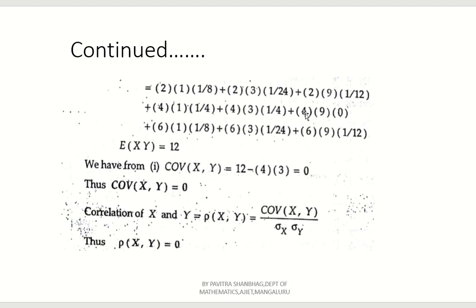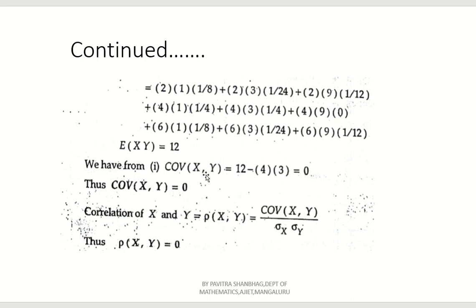So what you will get? 4 into 9 into 0. Next, plus x3 y1 into J31. So 6 into 1 into 1 by 8 plus x3 y2 into J32, that is 6 into 3 into 1 by 24 plus x3 y3 J33. So 6 into 9 into 1 by 12. Now simplify, you will get E of XY equal to 12.